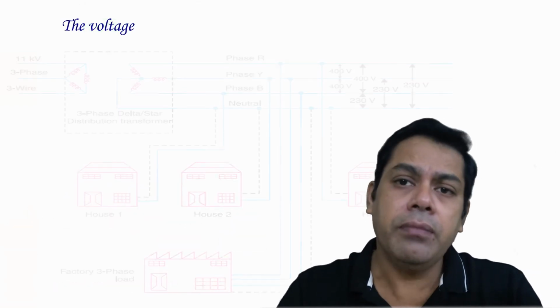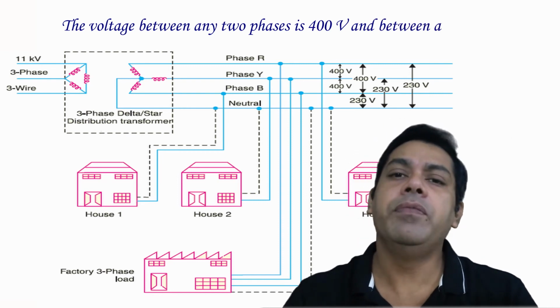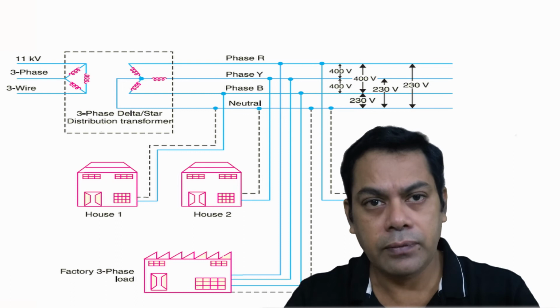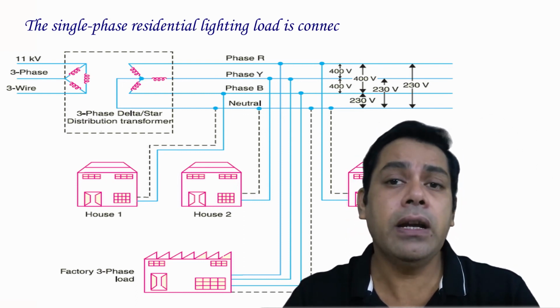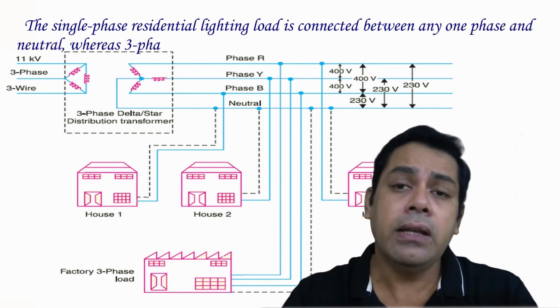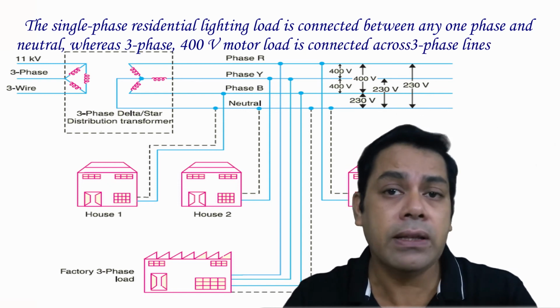The voltage between any two phases is 400 volt and between any phase and neutral is 230 volt. The single-phase residential lighting load is connected between any one phase and neutral, whereas the three-phase 400 volt motor load is connected across the three-phase lines directly.